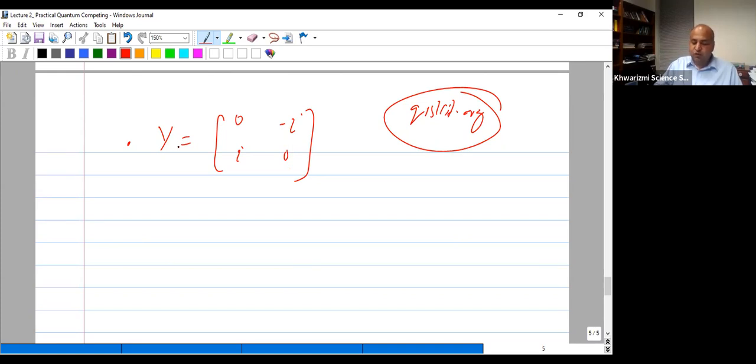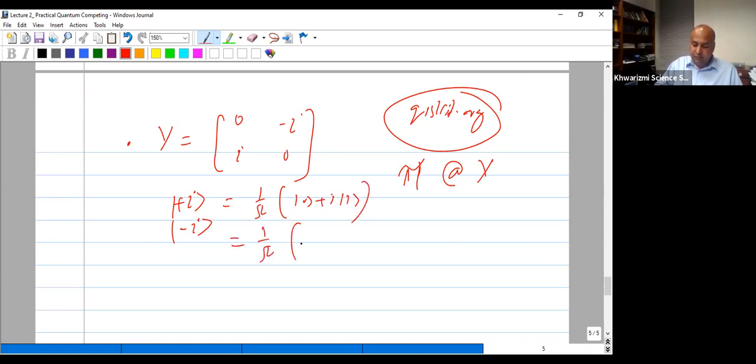So this is equivalent to pi degree rotation around y-axis in the Bloch sphere, and the states plus i and minus i are the eigenstates of this operator, where plus i state is 0 plus iota 1 and minus i state is 0 minus iota 1.